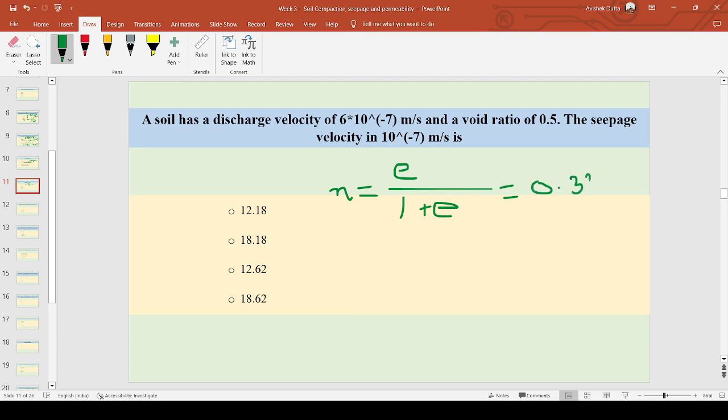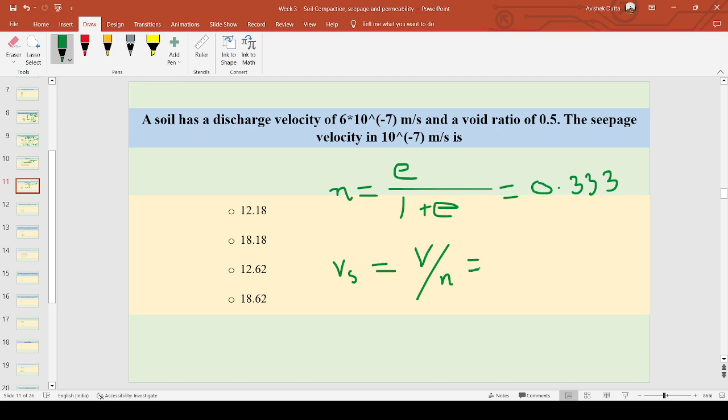Okay. Now you are asked to find out the seepage velocity, right? So the seepage velocity formula equals discharge velocity, that is v, divided by porosity.